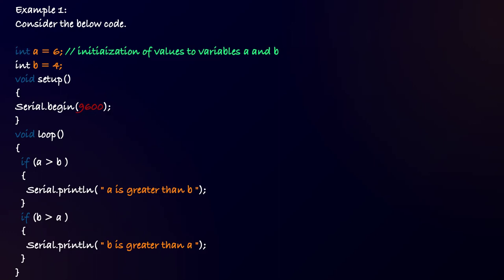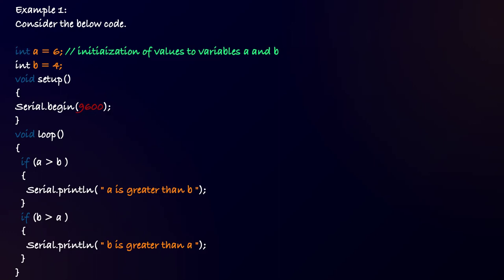Serial begin is given as 9600, the standard baud rate. Inside void loop, see how we give the conditions. If a greater than b, then we print a is greater than b.